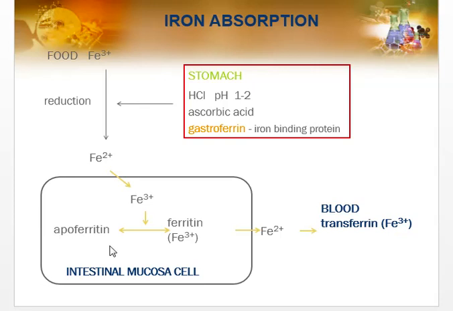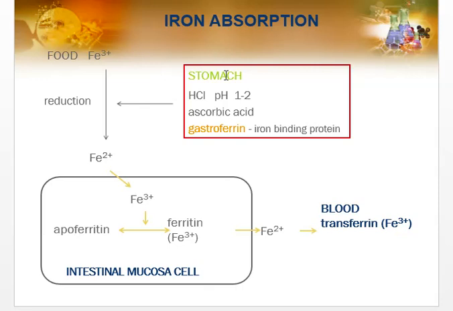From the apoferritin we get to the ferritin. This is like a reversible process in the intestinal mucous cell. Then from the ferritin, ferrum 2+ will go to the blood transferrin, and in blood transferrin our ferrum 2+ will transfer to ferrum 3+.